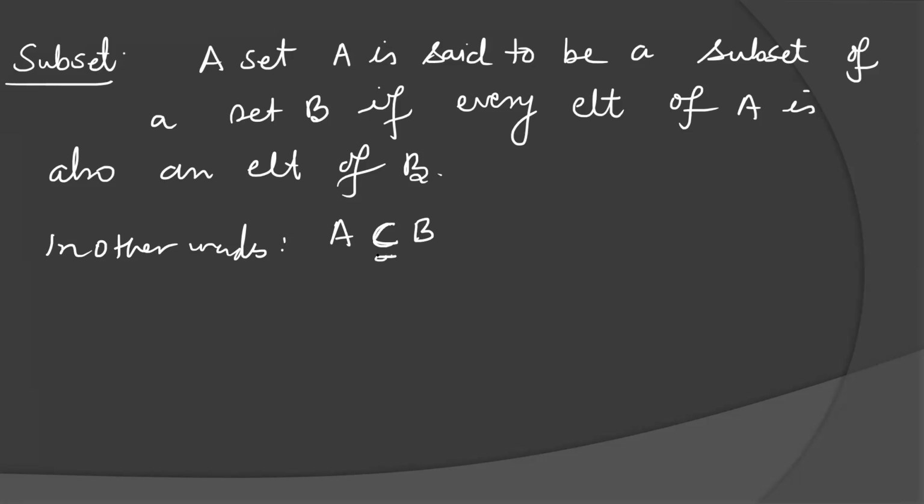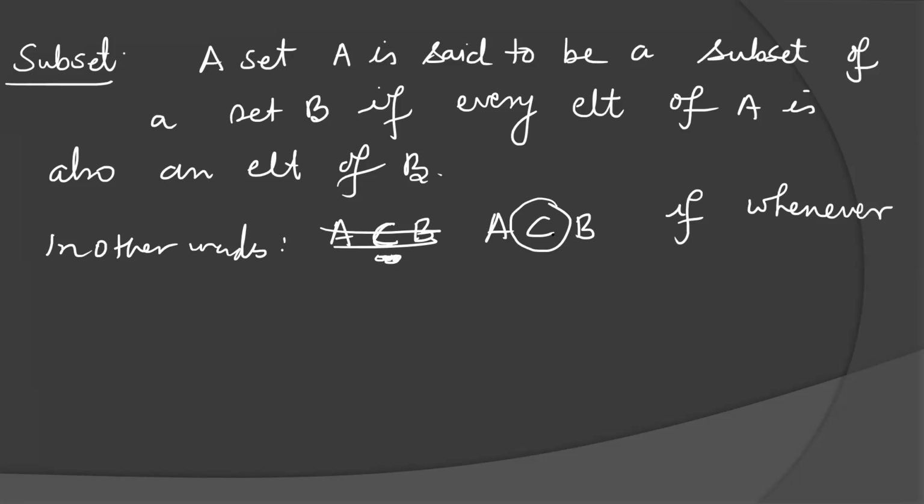Whenever A is a subset of B, any element belonging to A implies that it also belongs to B. Every element in set A also belongs to set B.